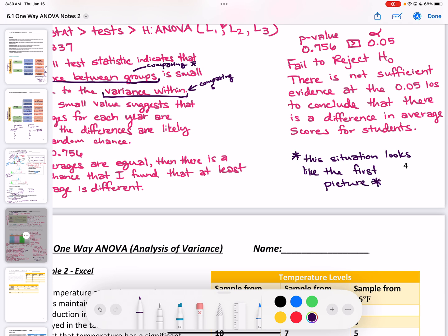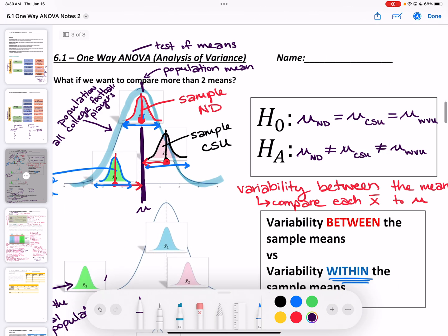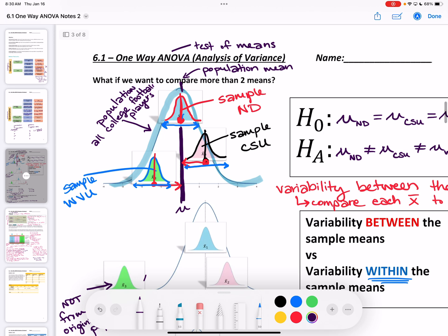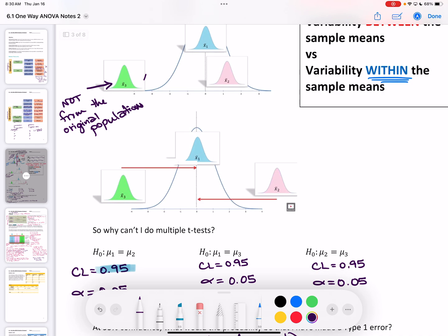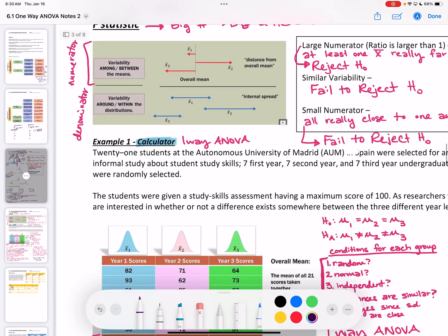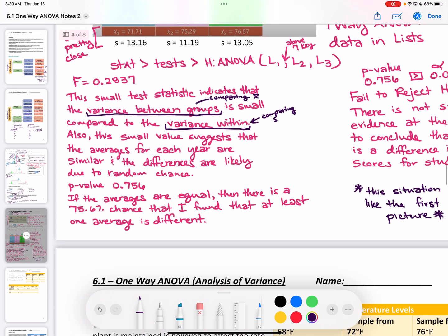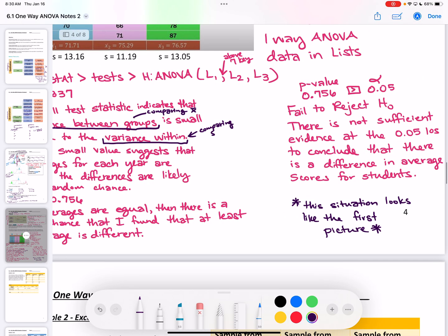So if you're a visual learner, that would be this situation up here, where they're all kind of within, yes, they're different, but they're pretty close to that population mean and one another, right? So it would look like that first picture. Whereas when we reject, it's situations like this down here. Okay? Need me to go back? Yes, please. Okay. You do not have to write that second piece with in the purple. You don't have to write that.